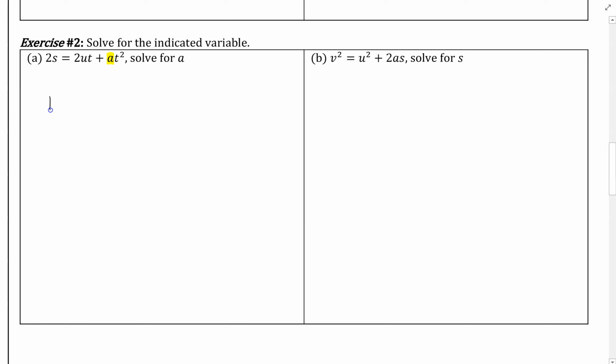So we can do our build order, and using GEMDAS, this means that the t squared that is right next to it is done first. Multiply by t squared.